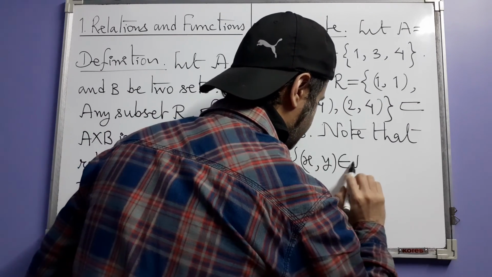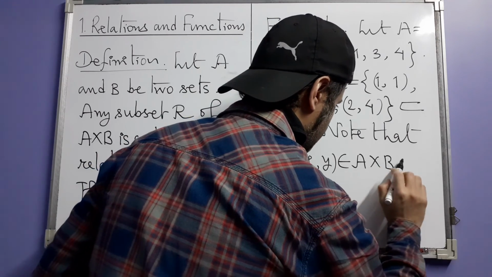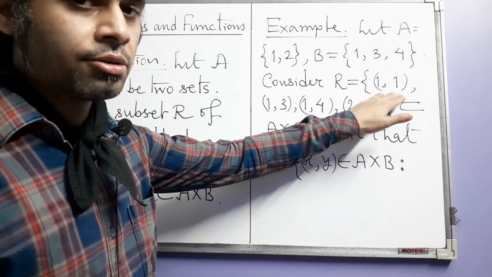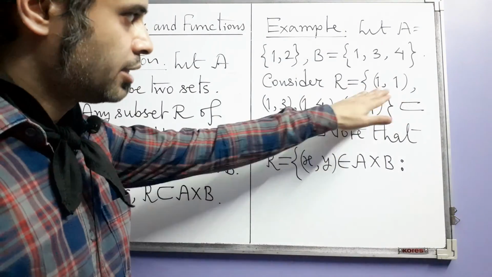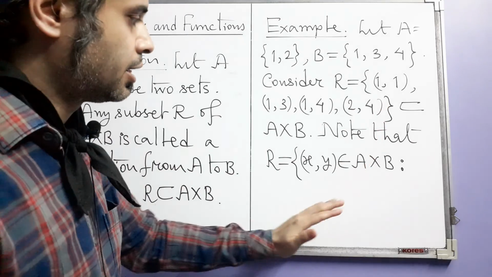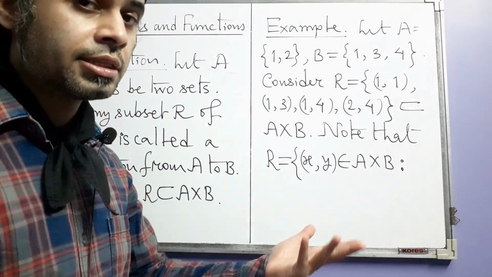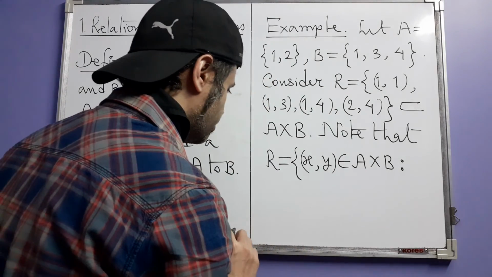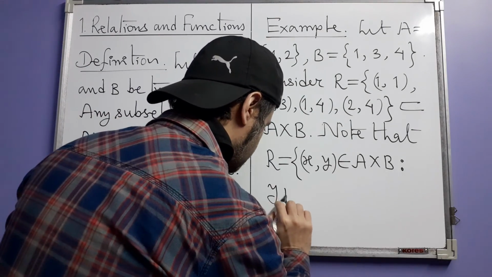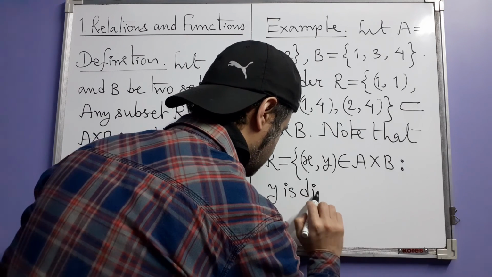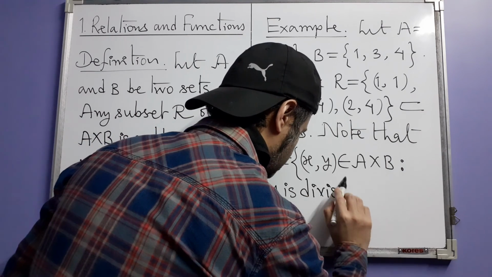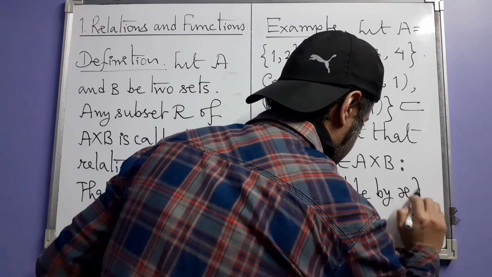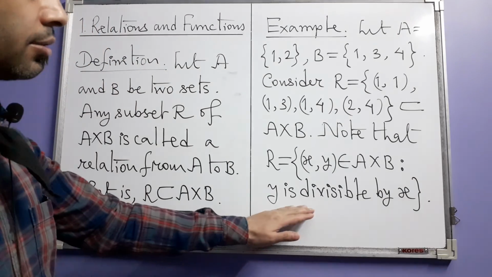It is the set of all ordered pairs in A times B. So, in tabular notation or roster notation, actually we wrote R, we specified R, but we can also use the set builder notation. In that notation, this is what the relation looks like. Y is divisible by X. Is that really so?